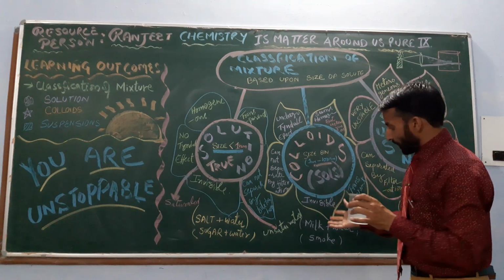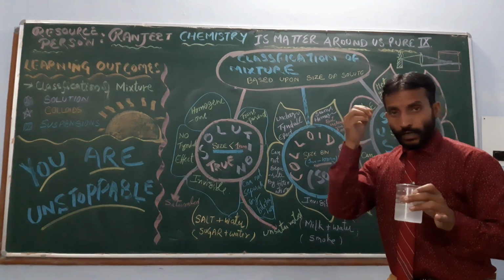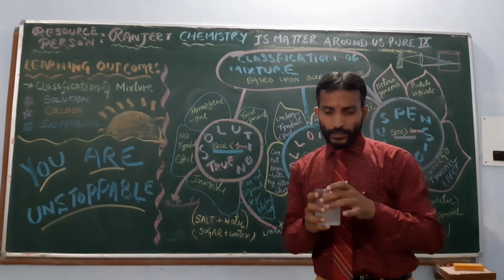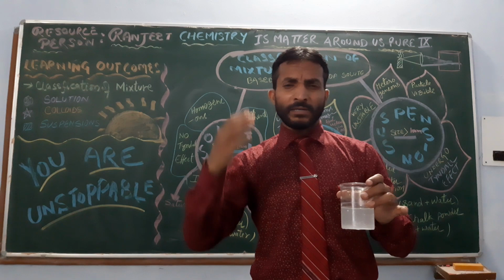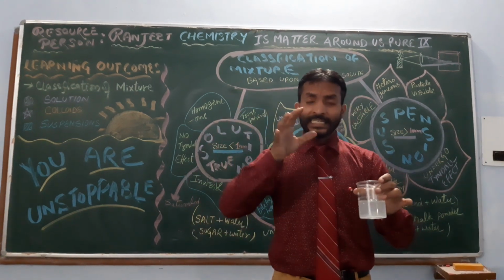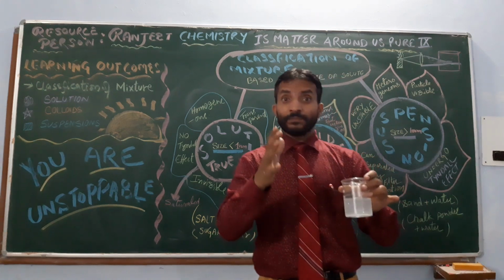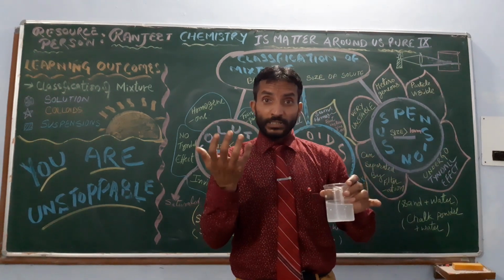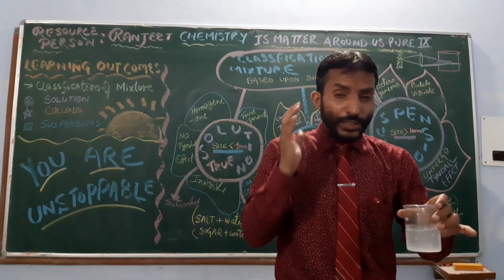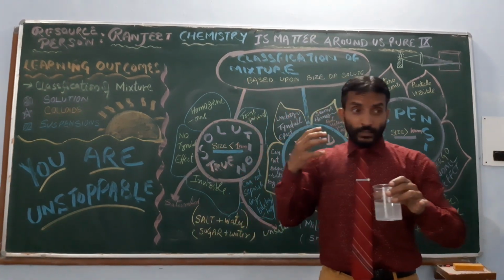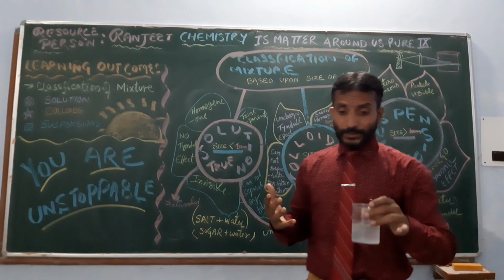For example, smoke is a colloidal solution. Milk in water is a colloidal solution. There are many examples: butter, cheese. These are also colloidal solutions. Milk is also known as an emulsion. There are different types of colloidal solution depending upon the different components.